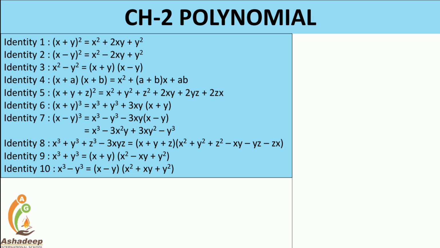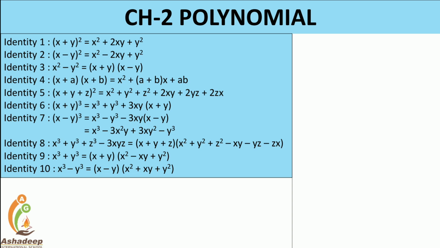So you need to differentiate this first, and then you need to learn it. So x plus y, x square minus xy plus y square; x minus y, x square plus xy plus y square. If it is plus over here, here it is minus, and if it is minus over here, here it is plus. So that thing you need to keep in mind. And square can never be negative, so x square and y square are positive.